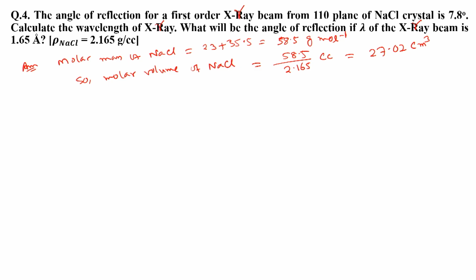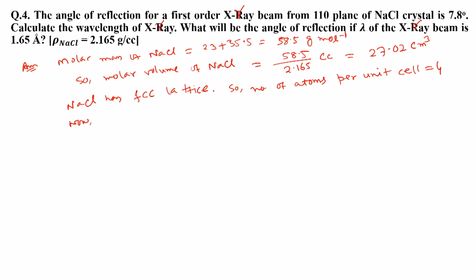Now NaCl has an FCC lattice. We already discussed NaCl has an FCC lattice. So the number of atoms per unit cell is 4. This also we discussed.